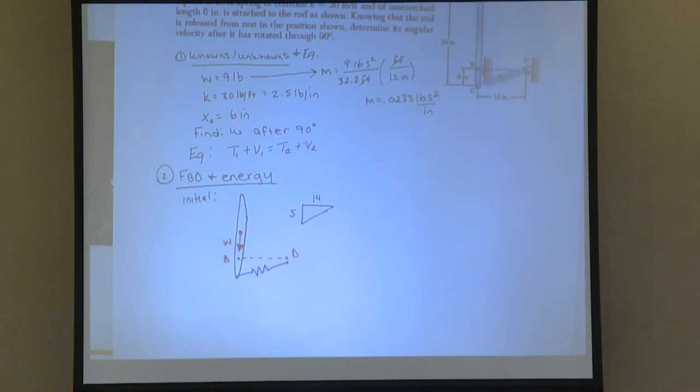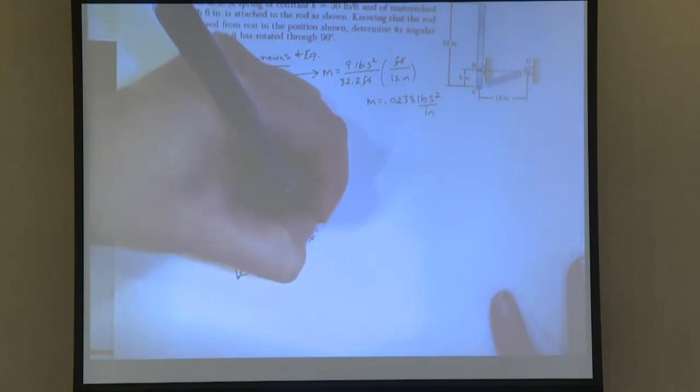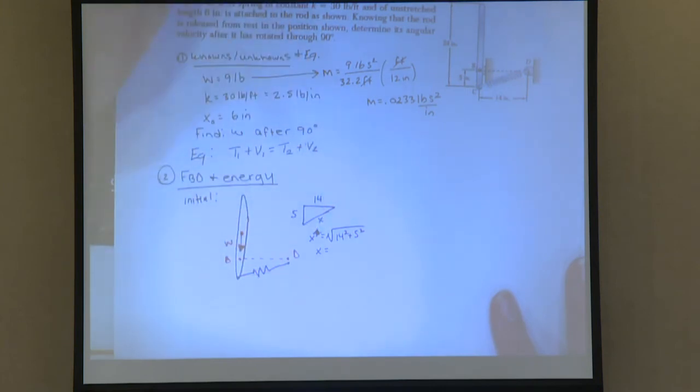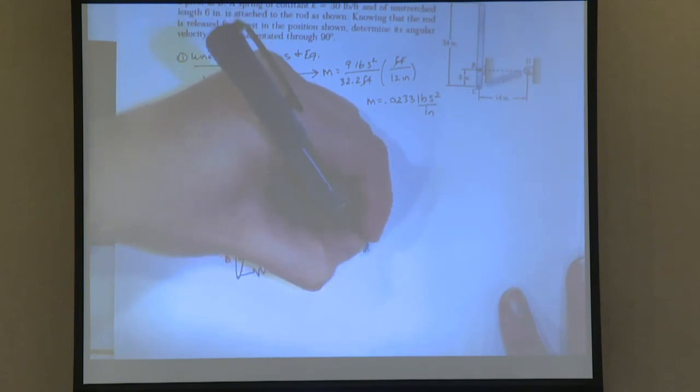So that's what I'm doing here, figuring out how far it's stretched. I'm going to call this x. So x squared is going to equal 14 squared plus 5 squared. So x is equal to the square root of all that. You get 14.866 inches.